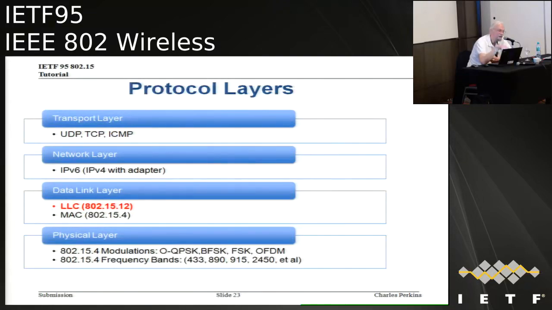But you can see that there's a transport layer at the top with what IEEE Wireless would consider to be the upper layer protocols, and then the network layer with IPv6 or v4 with an adapter, and then down this LLC, which you could say is the upper layer interface, with 802.15.12 sitting on top of all the MAC layers, which then sit on top of all the PHY layers, and there are quite many of them. Well, I don't know how many, but probably at least a dozen combinations.